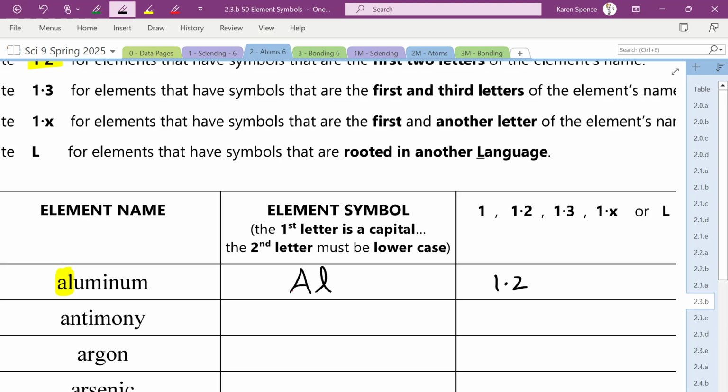If you have one like antimony, which is weird, which is SB, it's obviously from another language. You're going to write L, okay, for another language.